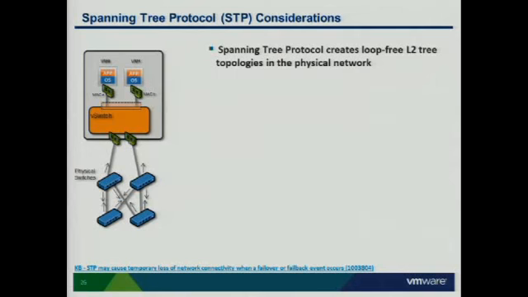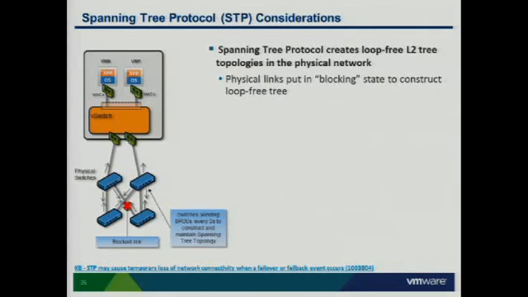And then for spanning tree protocol considerations. With spanning tree, we rely on it to create loop-free layer 2 topologies in the physical network. So some physical links are going to be put in the blocking state to construct a loop-free tree. And the physical switches are sending those bridge protocol data units every 2 seconds to construct and maintain that spanning tree topology.